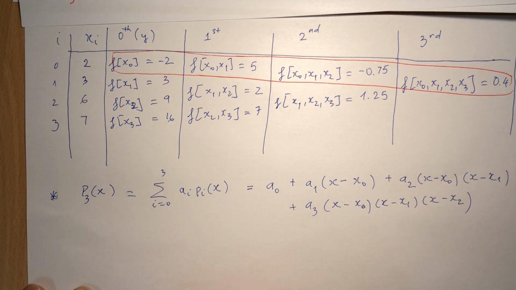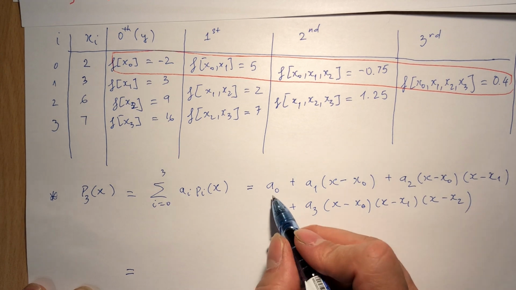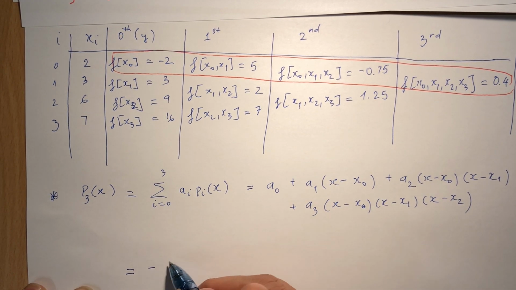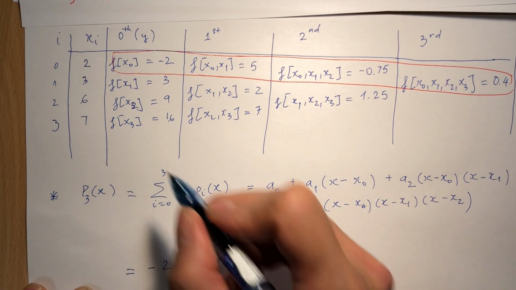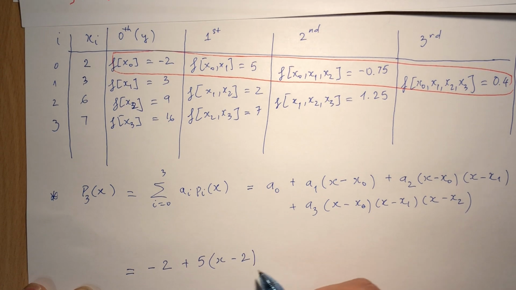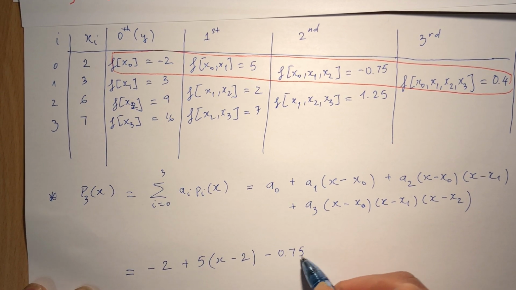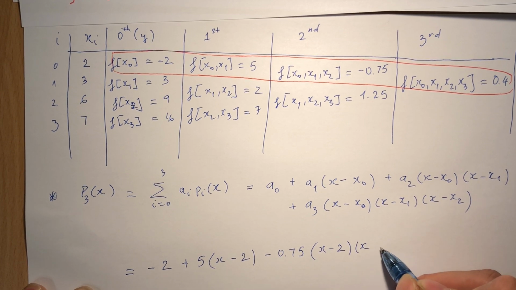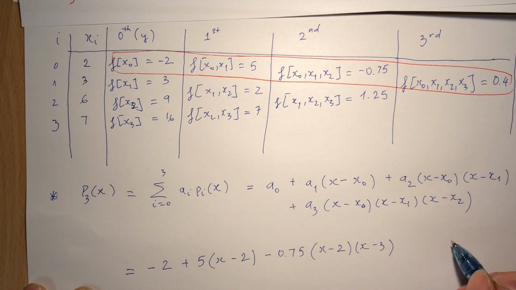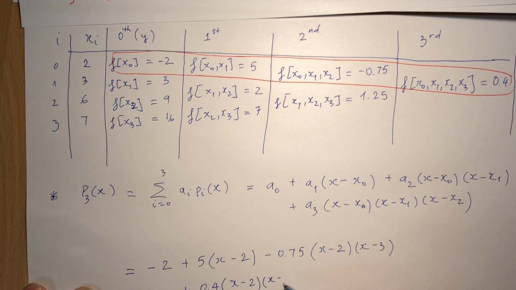So a0 is minus 2, a1 is 5 times (x minus 2), a2 is minus 0.75 times (x minus 2)(x minus 3), then plus a3 is 0.4 times (x minus 2)(x minus 3)(x minus 6).